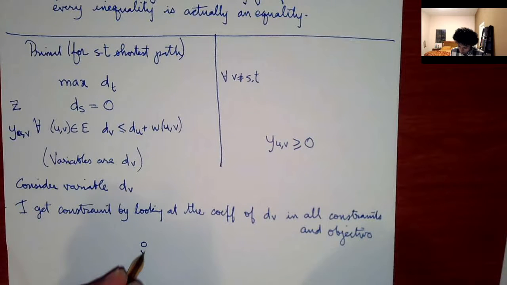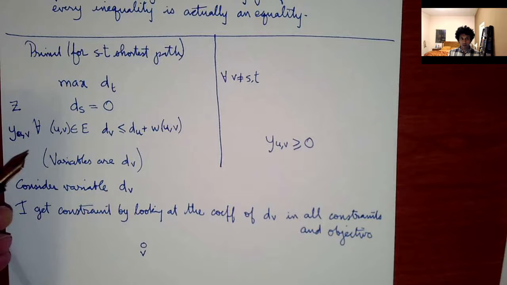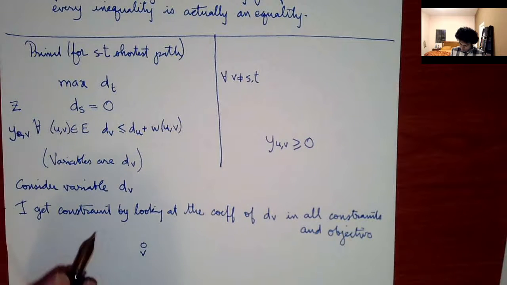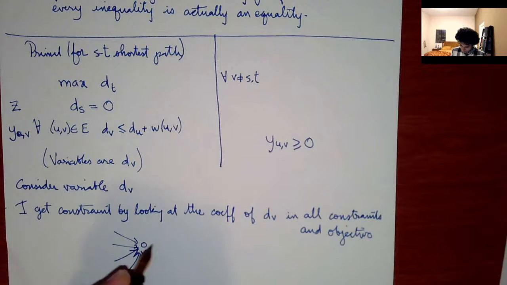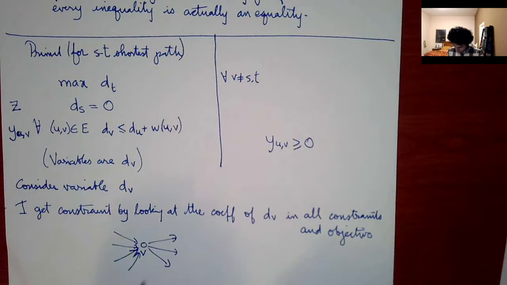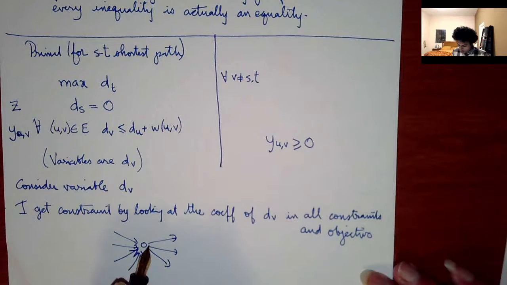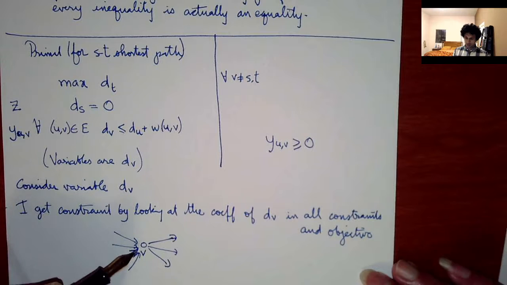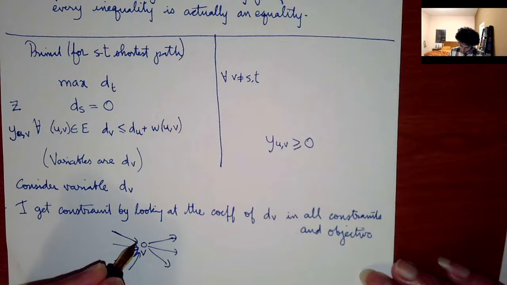So let's look at v. Now note that it's different whether it's an in edge or an out edge. So you have in edges and you have out edges. For each edge, v appears in one of the constraints.